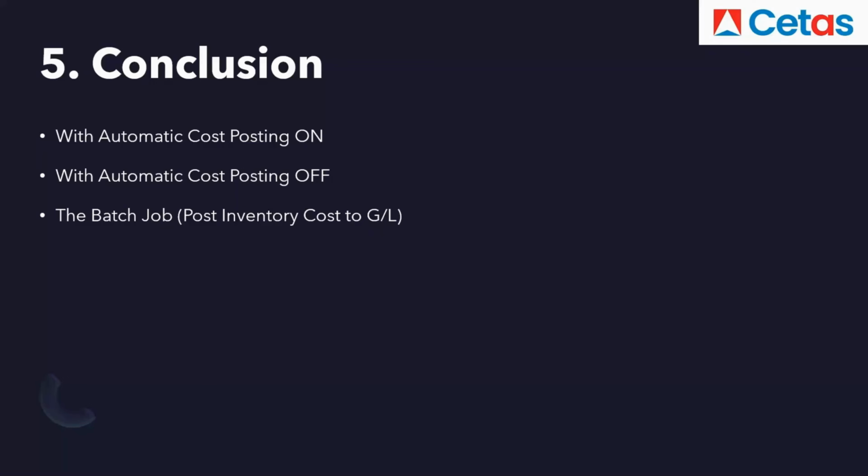It also avoids missing inventory and COGS entries, which can be pushed safely through the post inventory cost to GL batch job. Either approach keeps your item ledger and general ledger aligned. The only difference is whether the update happens immediately or in a controlled batch. Understanding this setting is essential for maintaining accurate financials and a stable, well-performing system.